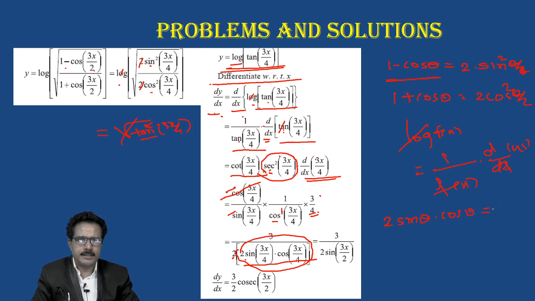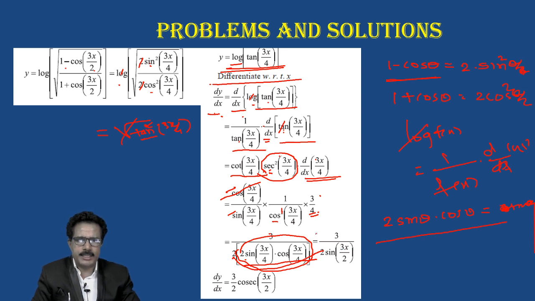We can write 2 into sin theta into cos theta as 2 sin 2 theta. Therefore by using this identity, 2 sin theta into cos theta is sin 2 theta. This 2 as it is, 2 into sin theta into cos theta means sin 2 theta. Therefore sin of 2 theta, theta is 3x by 4, therefore it's 3x by 2.